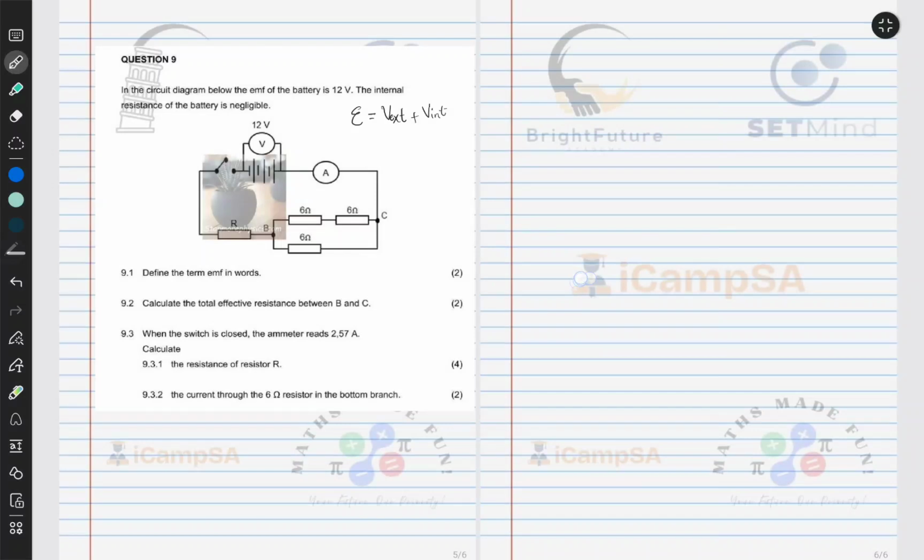So basically EMF is, think of it like the maximum amount of energy that the battery can provide to the circuit. That's essentially what an EMF is.